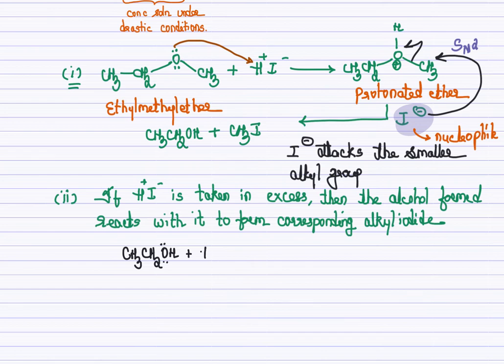Like ethers, alcohols are also protonated. So this first step is protonation, which always converts any alcohol into a good leaving group. The OH of alcohol gets converted into good leaving group, and there is a reasonable amount of electrophilicity which is attained by this.